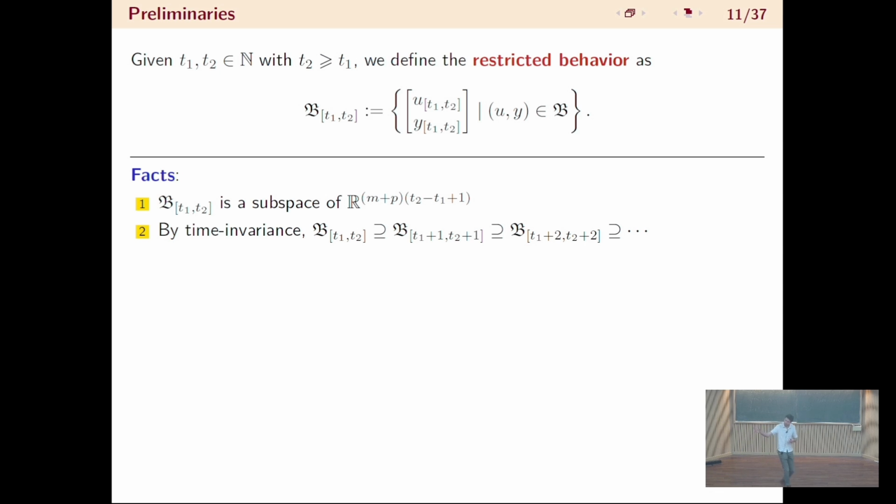So trajectories in the future are also trajectories in the past. So we have this chain of inclusions. What about reverse inclusion? Is that something you know? Do you think that, for instance, the reverse inclusion here also holds, or maybe not? One needs to think about that, of course, for a bit.